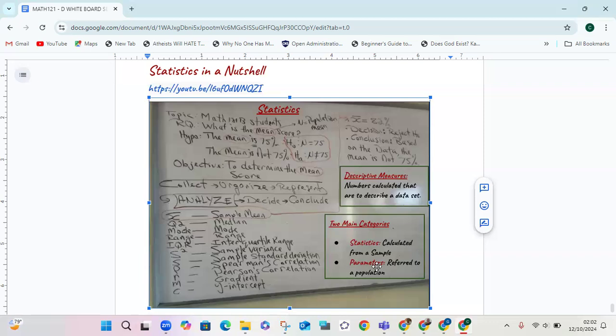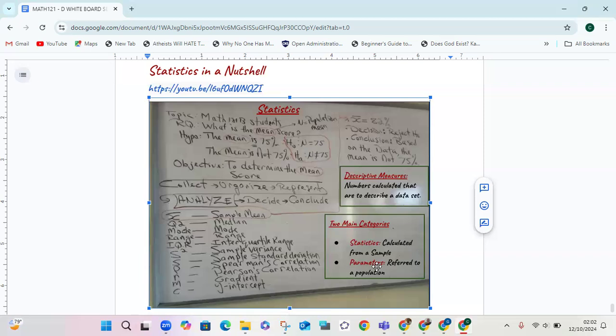Most times it is impossible to calculate a parameter. Is it possible to calculate the average age of the population of the entire world? That's a humongous task. So you can only refer to that number. You can only mention the mean age of the entire world.